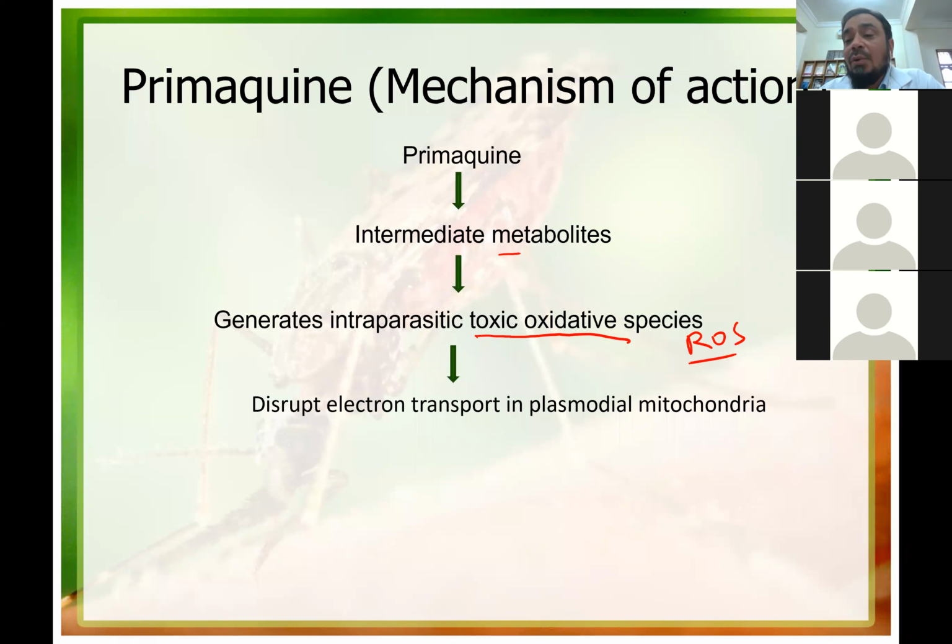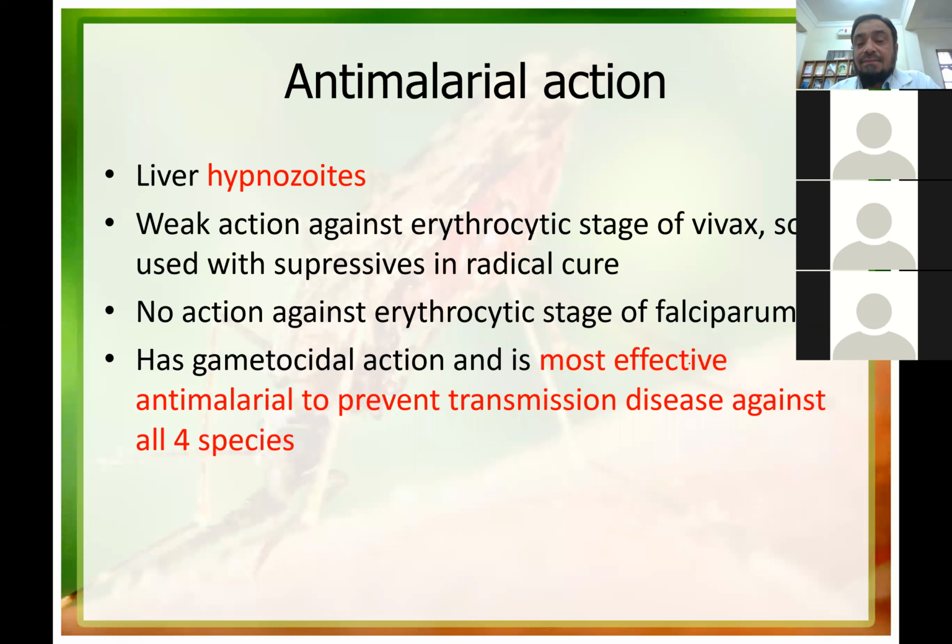Primaquine is especially useful against the exoerythrocytic stage, or hypnozoites, of vivax and ovale. It is also useful for the erythrocytic stage of vivax, but it is a weak erythrocytic schizonticide for suppressive action. It has no action against the erythrocytic stage of falciparum.